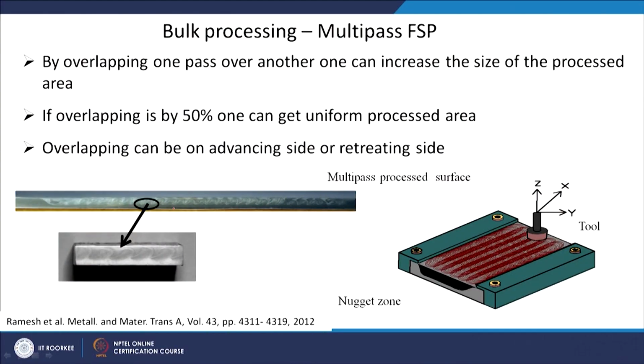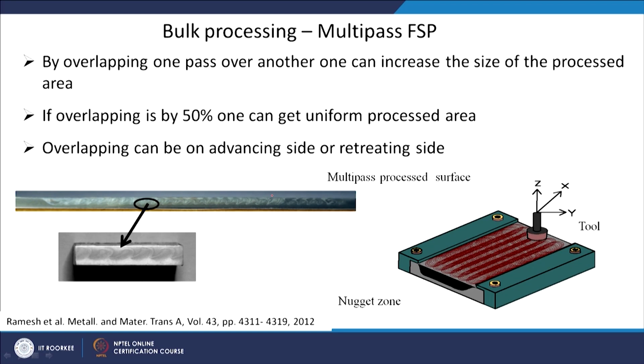Basically, this is a macrostructure of the same multipass technique. And in this work the overlapping was done by 50% on the retreating side. You can do overlapping on the advancing side as well as on the retreating side. So, you can see that a very big sheet is processed.